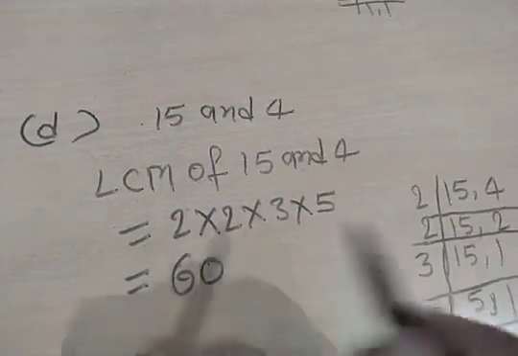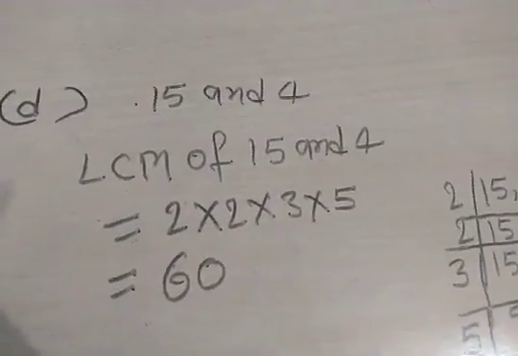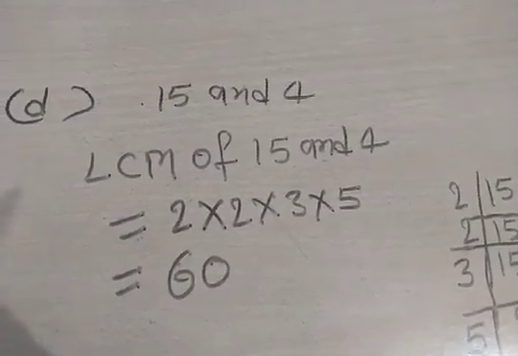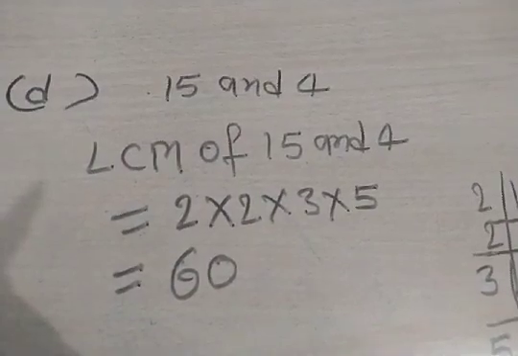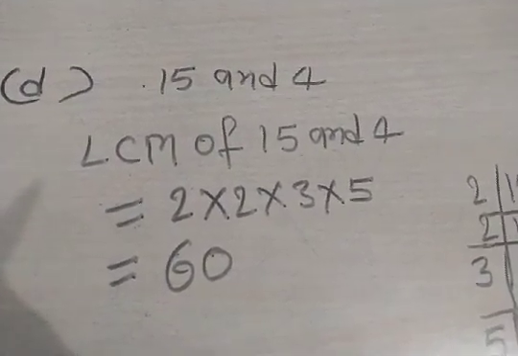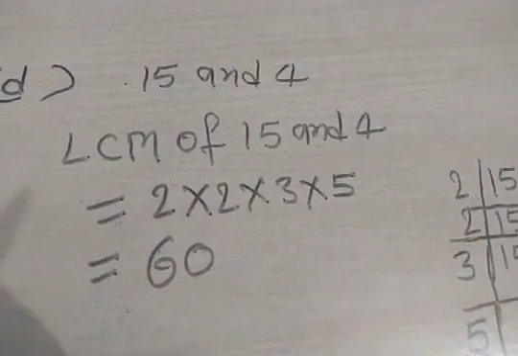So you can see the LCM of 15 and 4 is 60, and the product of 15 and 4 is also 60. It means that 15 and 4 are co-prime numbers, so their LCM is their product.